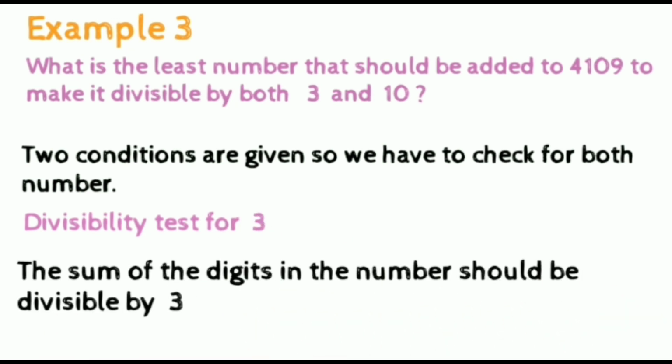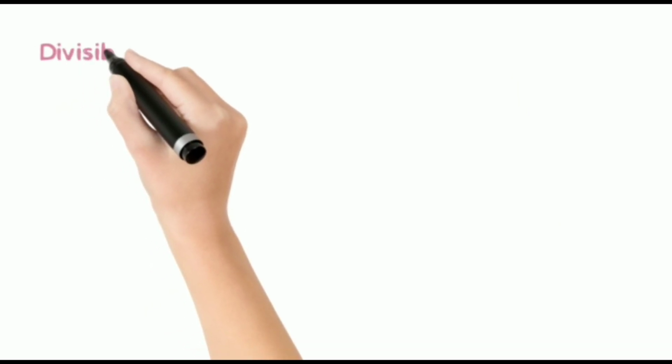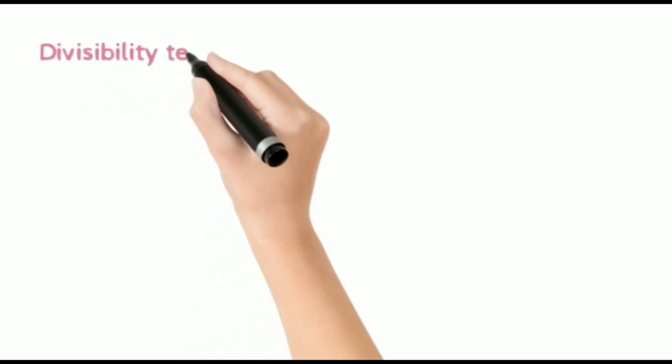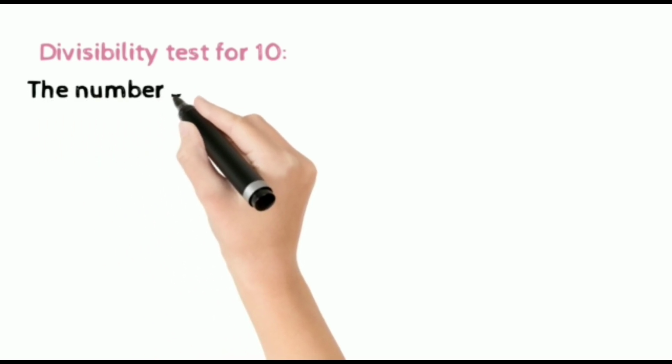We already studied that the sum of the digits in the number should be divisible by 3. Next, divisibility for 10. We already know that when any number ends with 0, it can be easily divided by 10. Here the number is 4109.